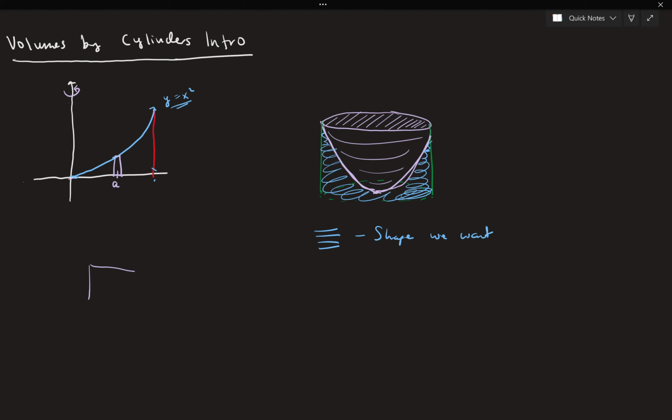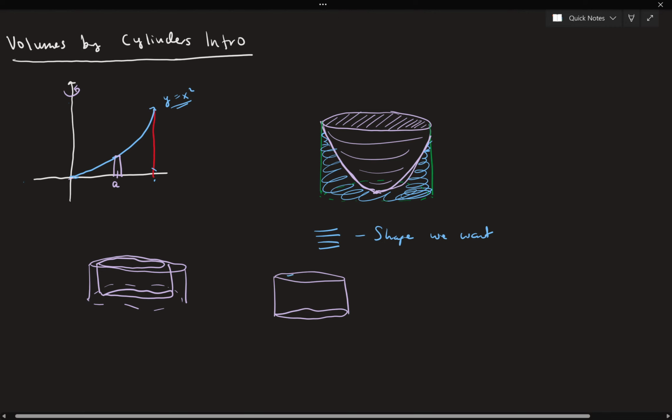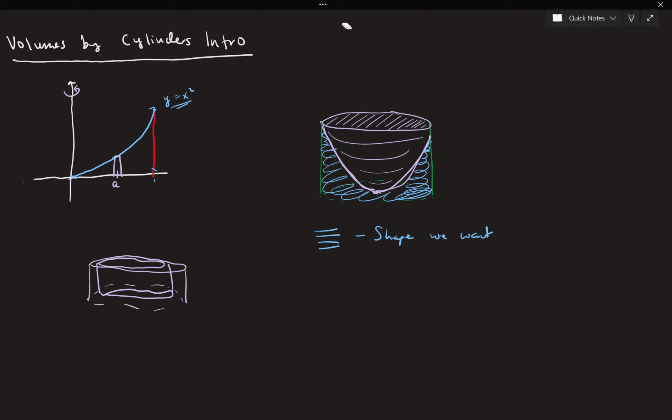I would get a super, super thin cylinder, hollow on the inside. It would be a cylinder, but only this outside super thin part. None of the inside. I hope you can see that. I'm not a good artist, but make do with it.